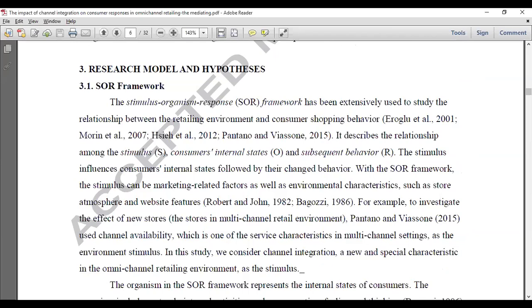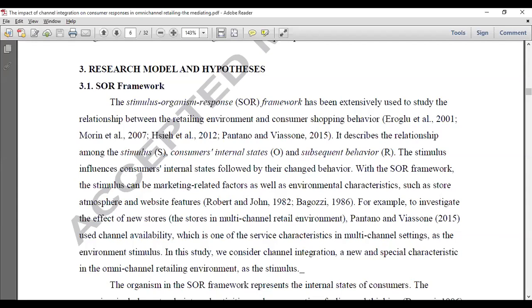Now see, in these studies the same theory has been used for conducting research on the retail environment and consumer shopping. It describes the relationship among the stimulus, consumers' internal states, and the subsequent behavior.